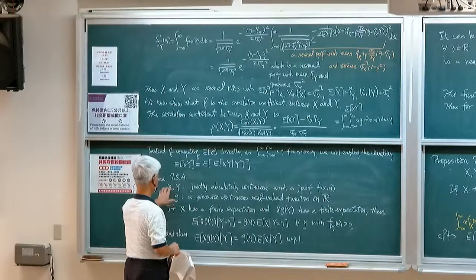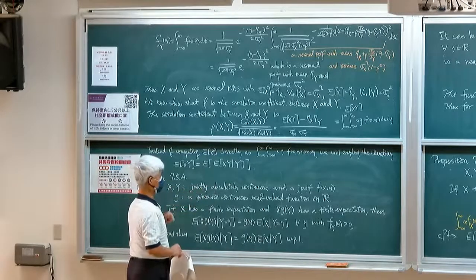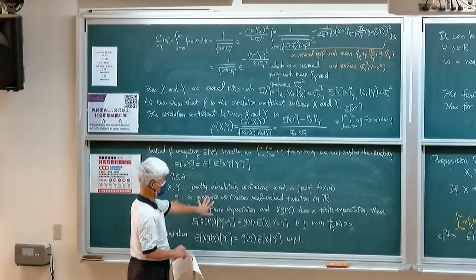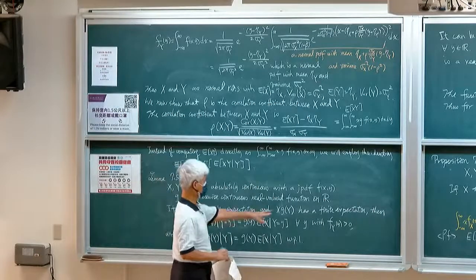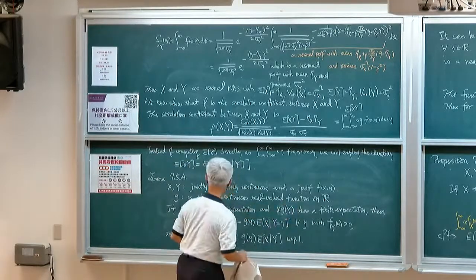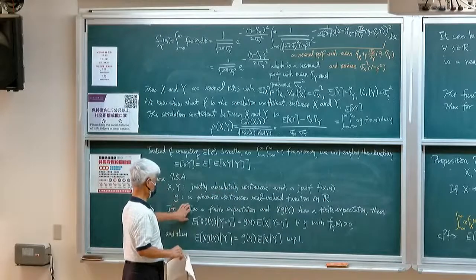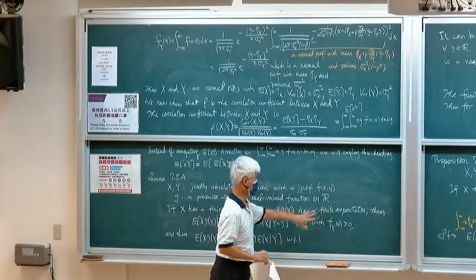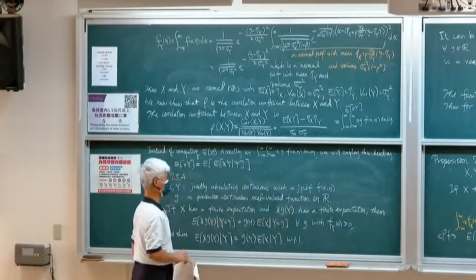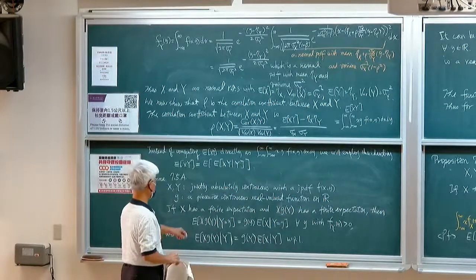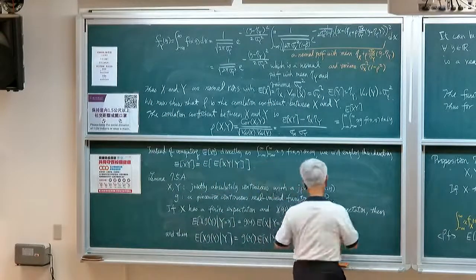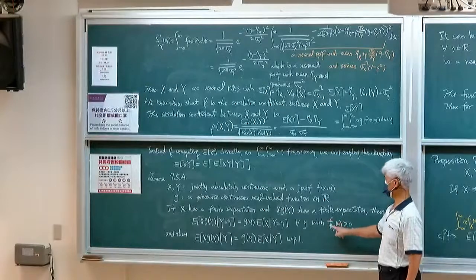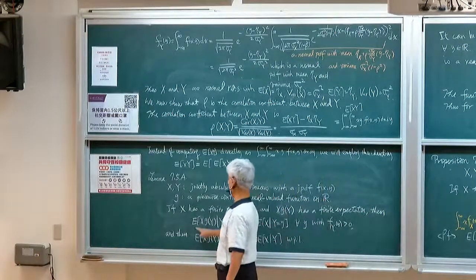So if X and Y are jointly absolutely continuous with the joint PDF, and g is a piecewise continuous real valued function, this ensures that g of Y is a random variable. If X has a finite expectation and X times g(Y) has a finite expectation, then for all y such that the marginal PDF is positive at this little y, we have this relationship.